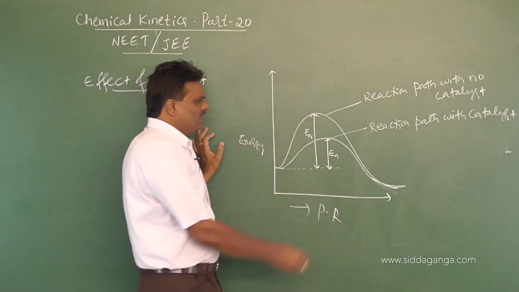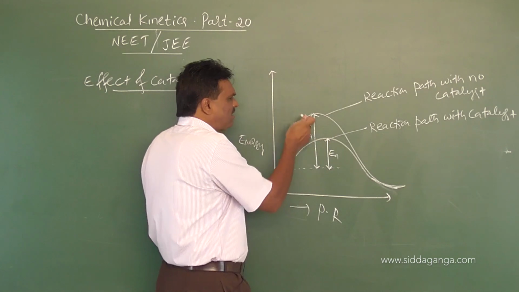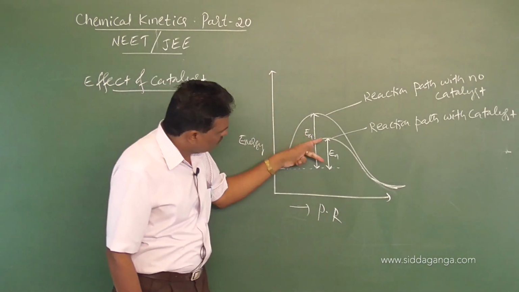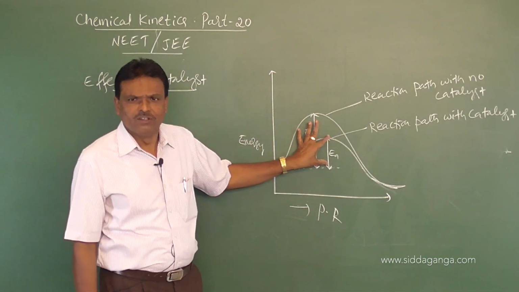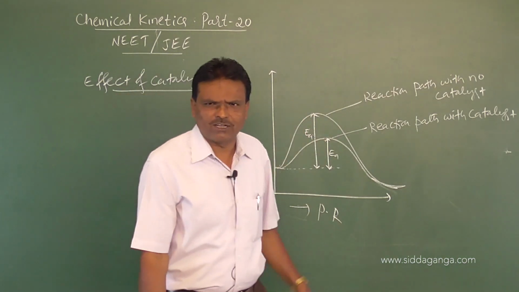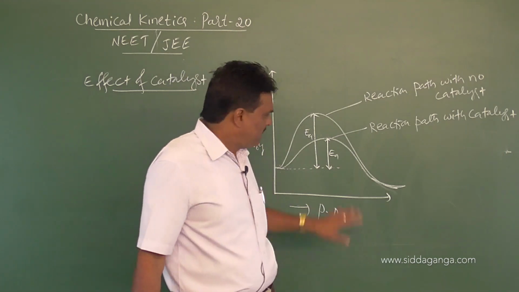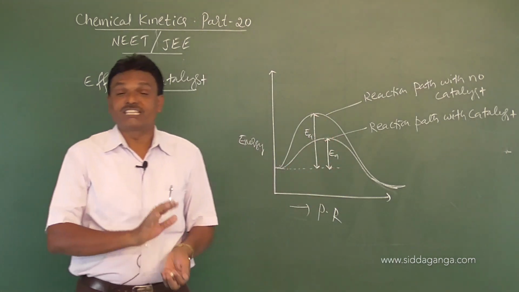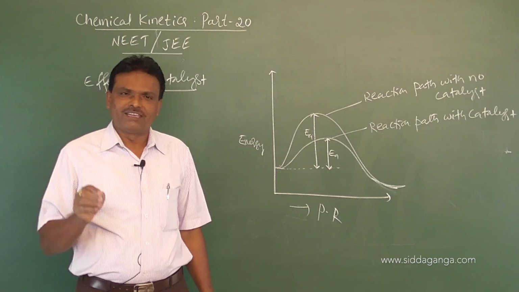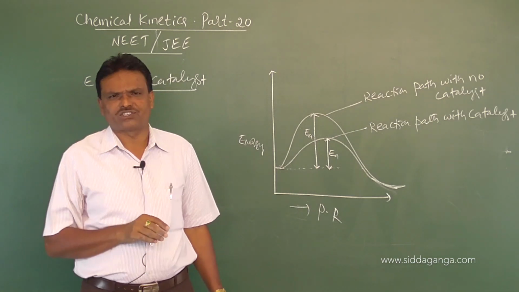So it means that a catalyst alters the reaction path involving lower energy of activation. So we know that lower the energy of activation, higher will be the rate of reaction. The catalyst cannot start the reaction, it just alters the reaction.